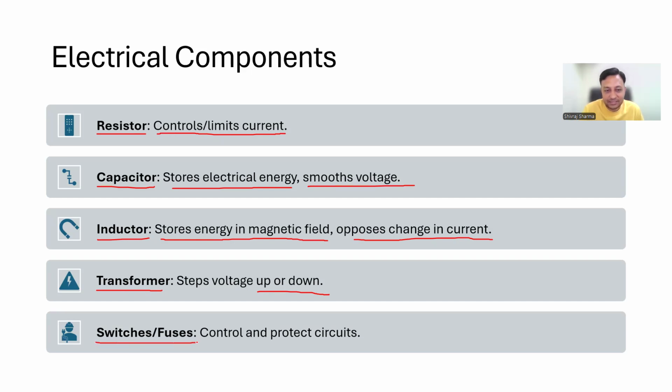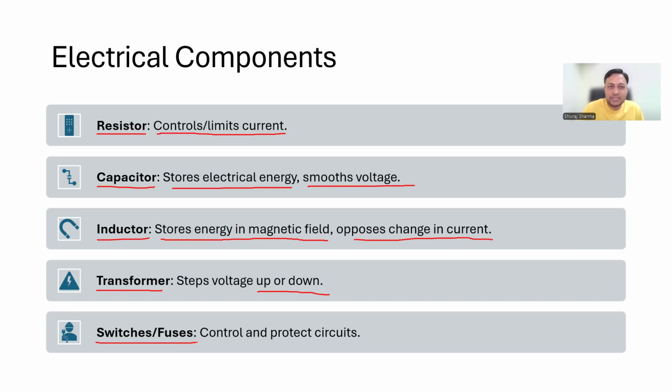Switches and fuses control and protect the circuit from many different kinds of things, like when we switch off our light, our bulb, or our fan. The fuse helps whenever an error or fault comes up, as it disconnects the supply.